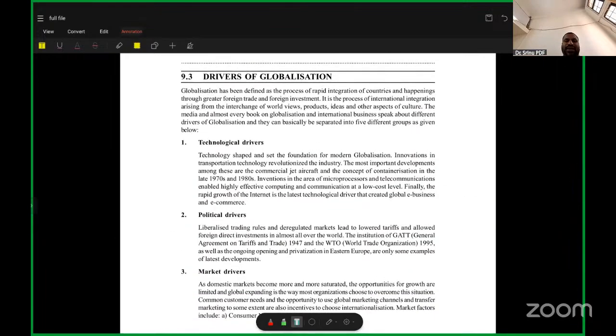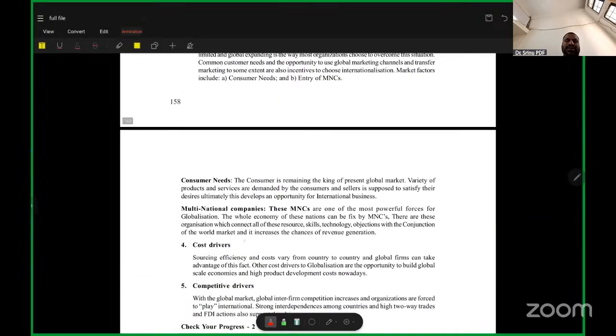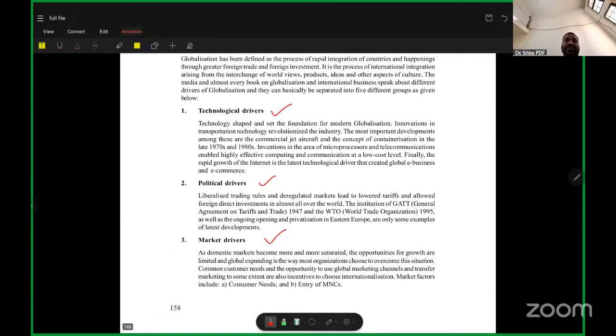Drivers of globalization. Drivers means what? Technology drivers, political drivers, market drivers and customer needs, cost drivers, competitive drivers. Technology you can adopt from another country. Political drivers: if you have a good relationship with one country, then only you can move.